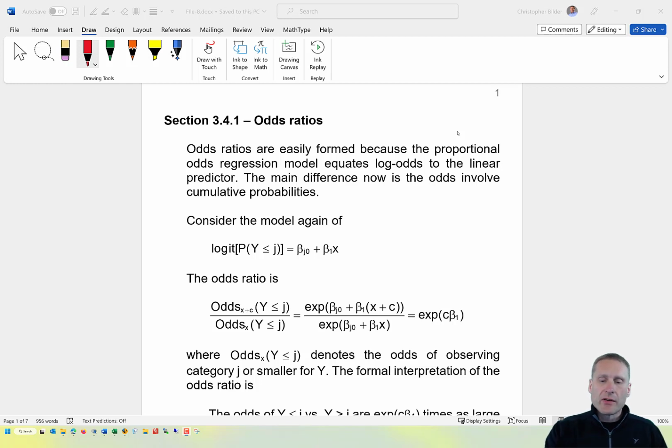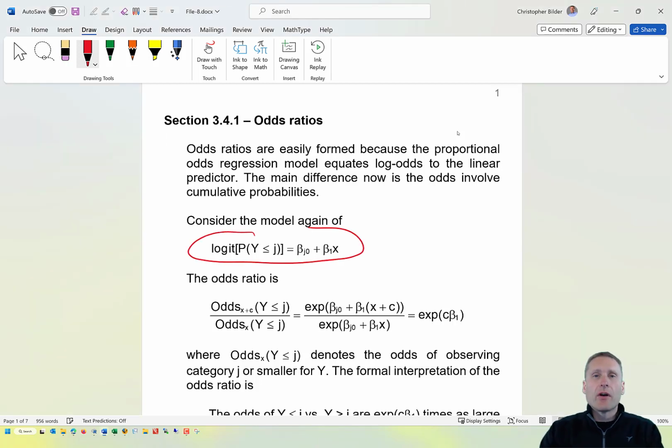Okay, so let's consider the model again, where we only have one explanatory variable. And what we could do is rewrite this in terms of the odds.